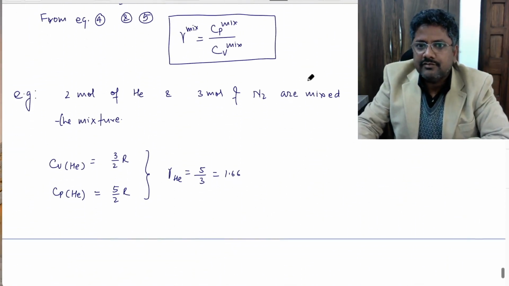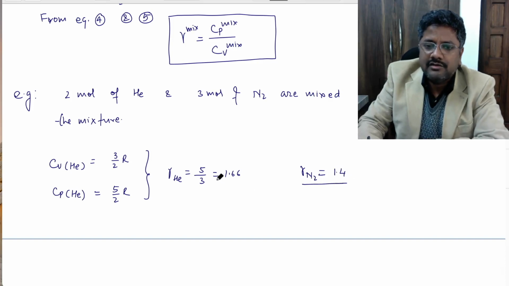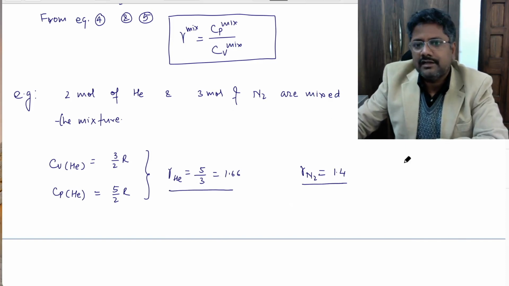And this is diatomic nitrogen, so similarly you can calculate for nitrogen as well. Gamma for nitrogen you can directly write as 1.4. So now you have gamma for nitrogen and gamma for helium, and the moles of helium and nitrogen.